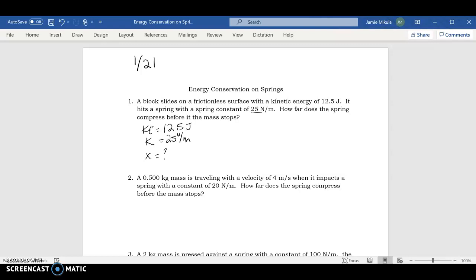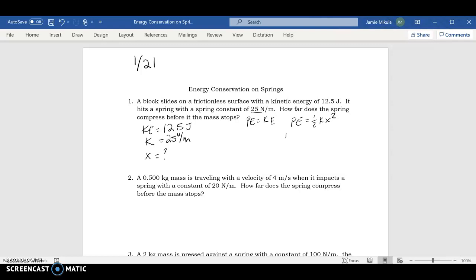So from what Coach Pfaff said today, everything is equal to each other. So potential energy is going to be equal to the kinetic energy, and the potential energy of the spring is 1/2 kx squared.